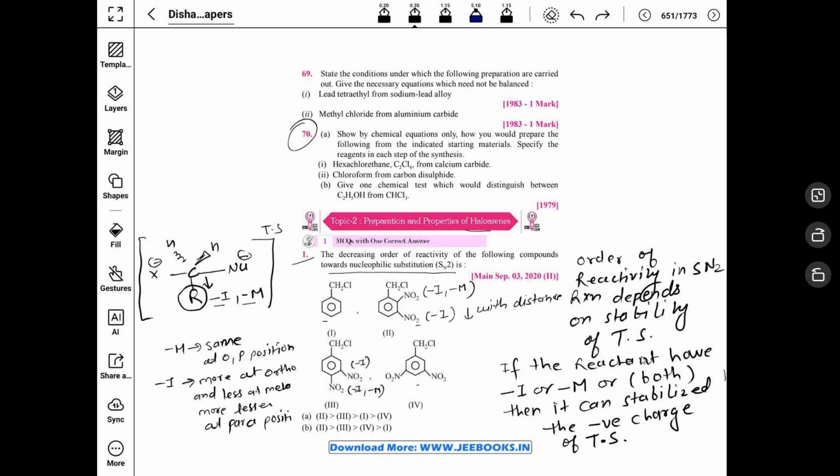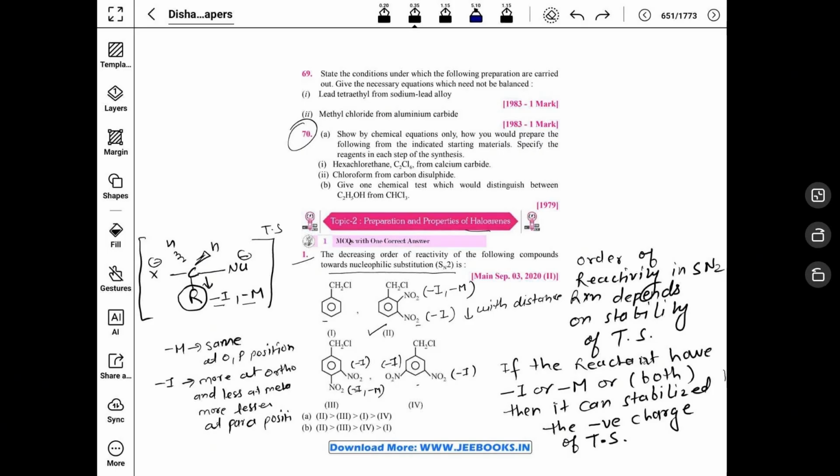If this is clear, then you can say that the stabilization of the negative charge in the transition state will be more for 2, because in the fourth case you have only minus I effect, no resonance, the minus resonance effect is not there.